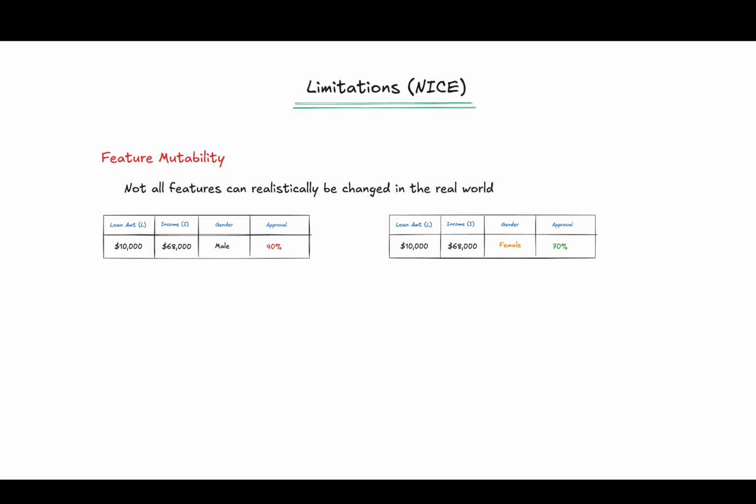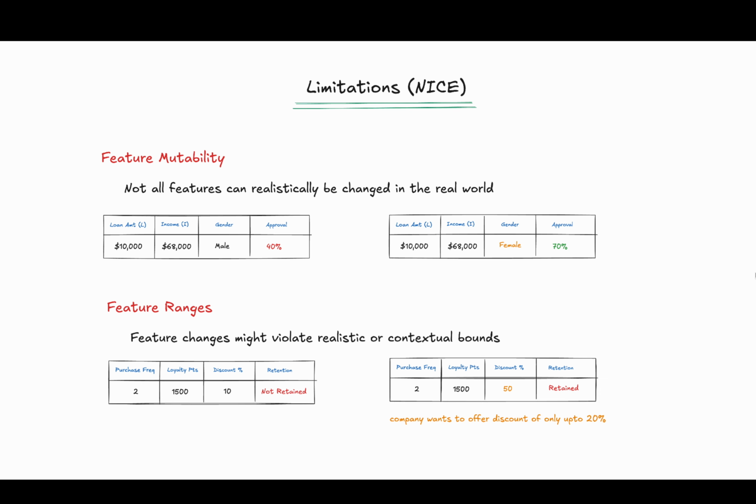So in order to do that, it is important to make some of the features immutable based on the data that you're using. And the next one is feature ranges. From the example, suppose there is an e-commerce company that needs to give discounts to their customers in order to retain them. But it also has some kind of policy that they don't want to give discounts of more than 20%.